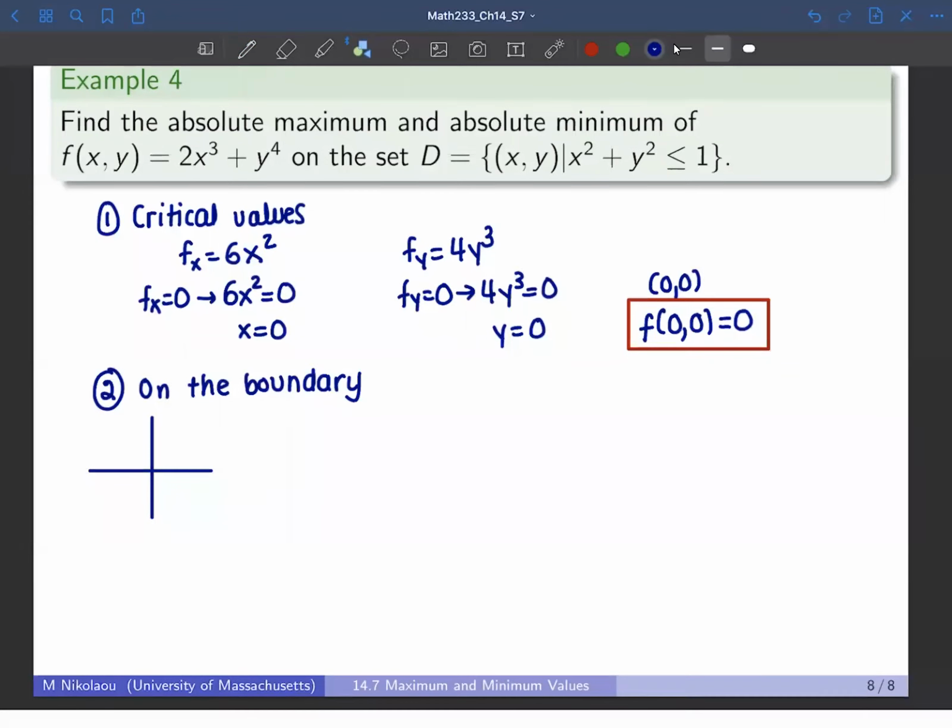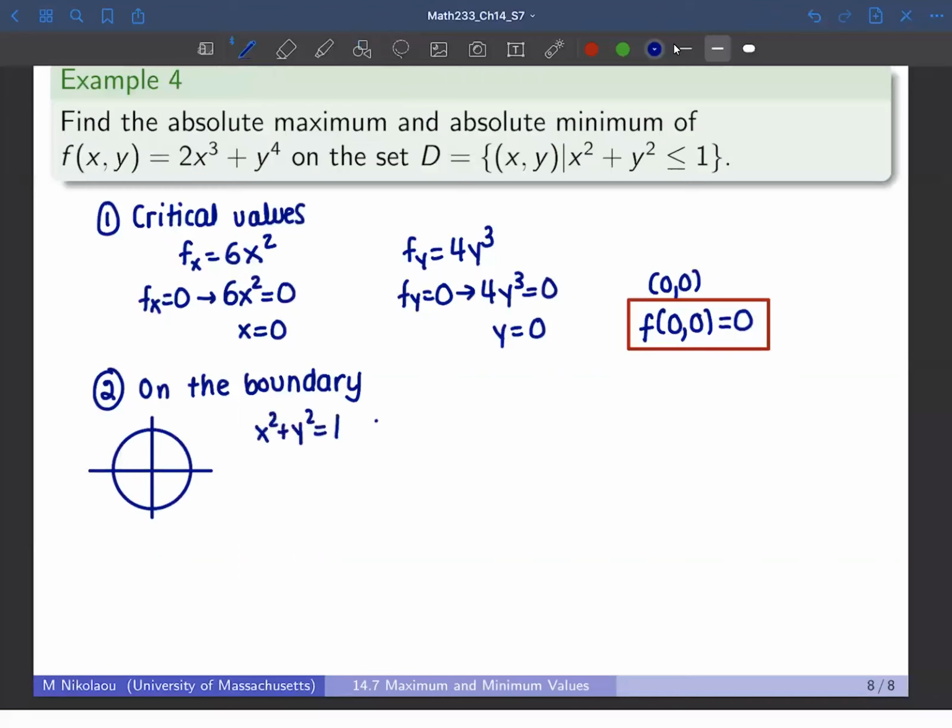The boundary will be this circle, this disk actually, x squared plus y squared less than or equal to 1, so we have just a disk. And let's see what happens first of all on the circle x squared plus y squared equals 1.